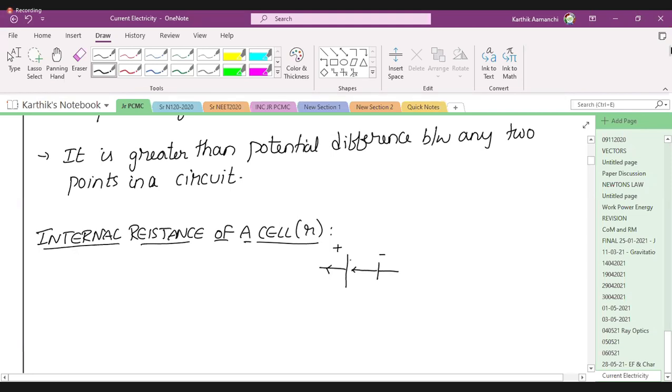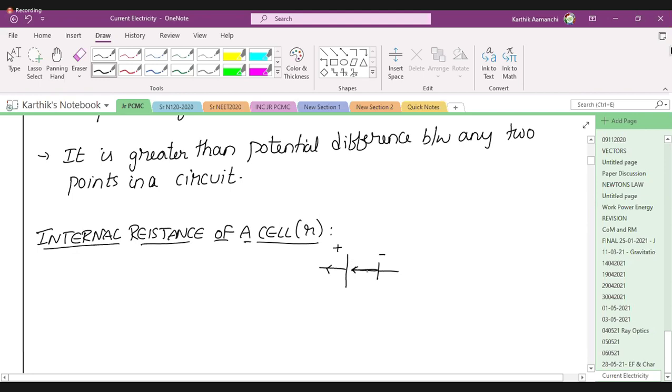But for this chapter, for current electricity, inside the cell the charge goes from negative to positive, and outside the circuit the charge goes from positive to negative. So the direction of current is always from the positive terminal to the negative terminal outside the circuit, and inside the cell it is from negative to positive.